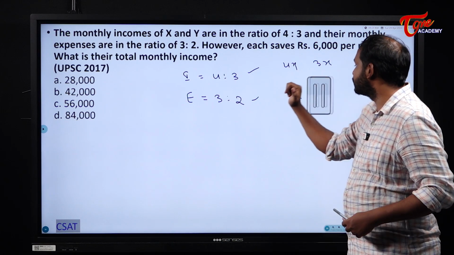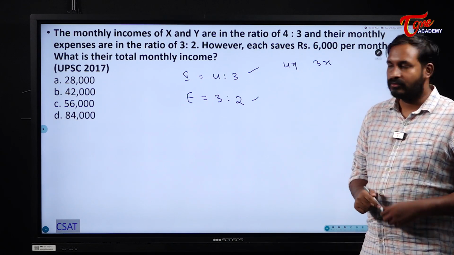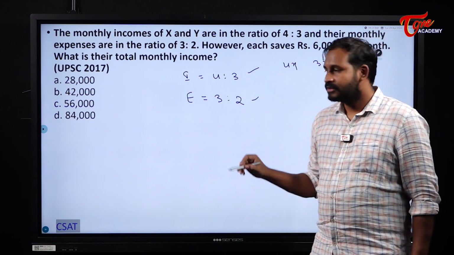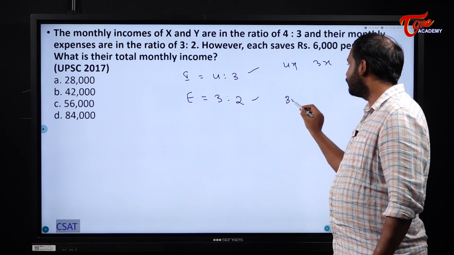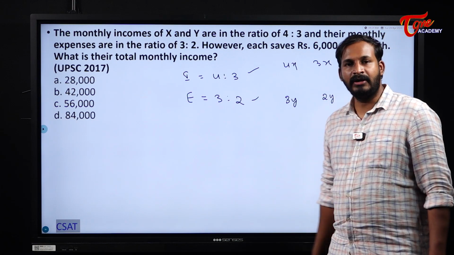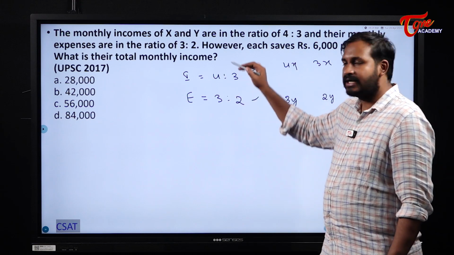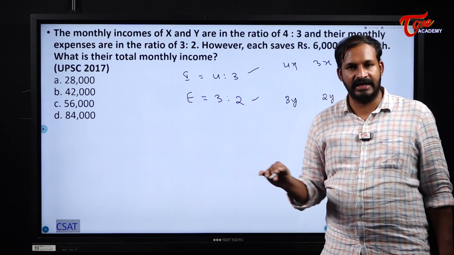You should not make this mistake. If this is 4x and 3x, take another variable here, 3y and 2y. Don't take 3x and 2x once again. That is a blunder. Why? Because income is one parameter, expenditure is another parameter.